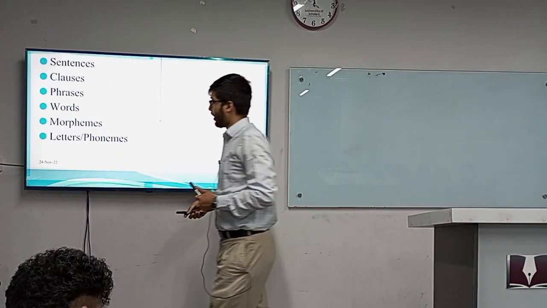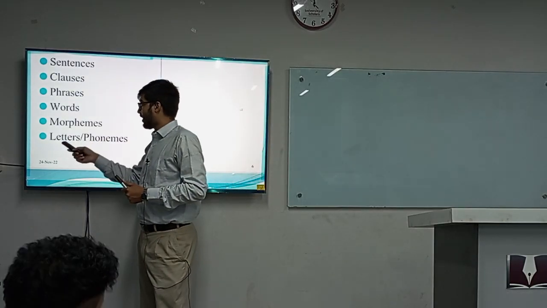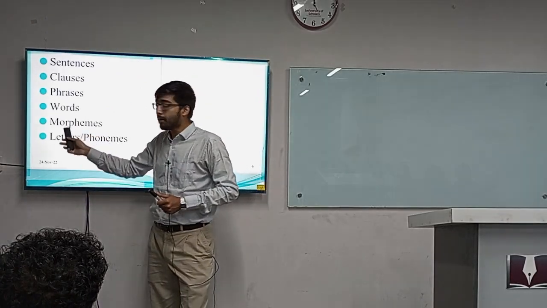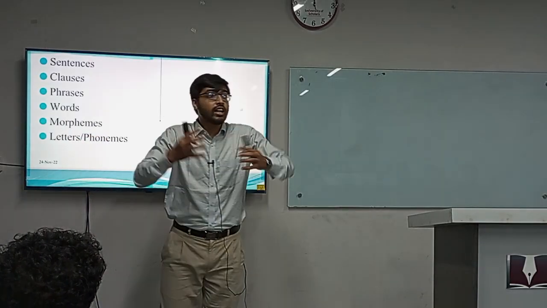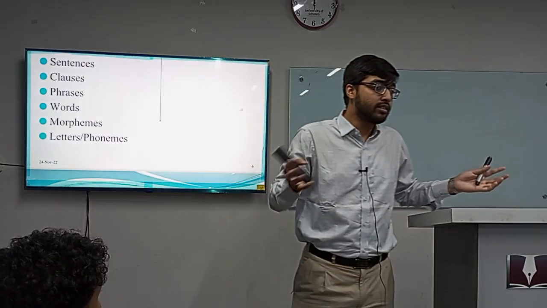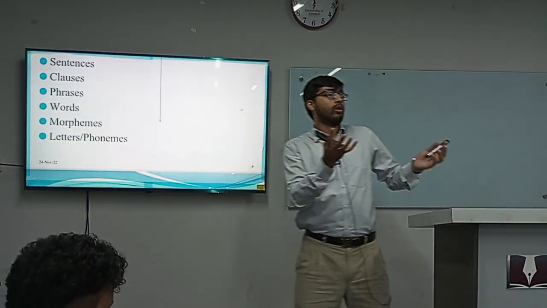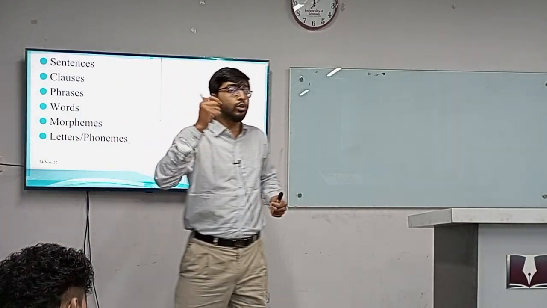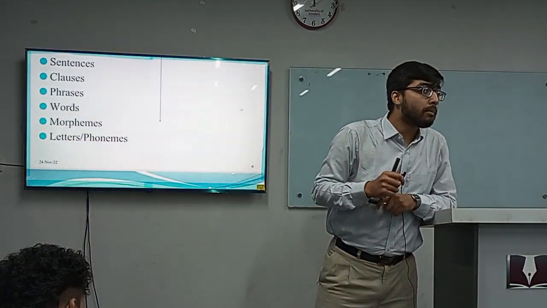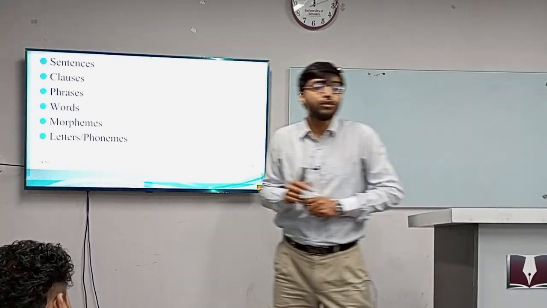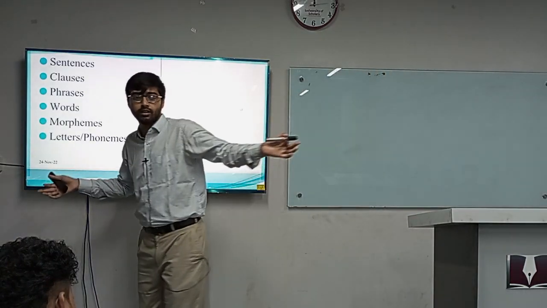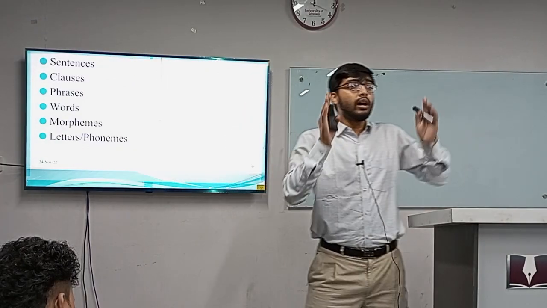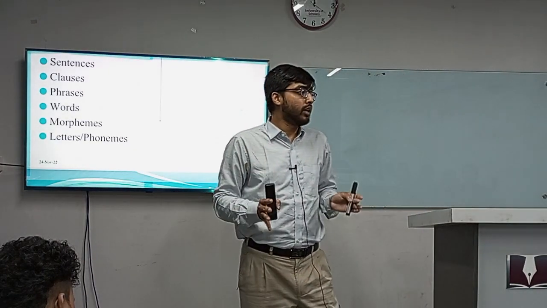So first letters, phonemes are at the very basic of any language. Then morphemes. Letters or phonemes grow themselves into morphemes so that they could deliver meaningful words. Then the words are basically the holistic meaningful unit.